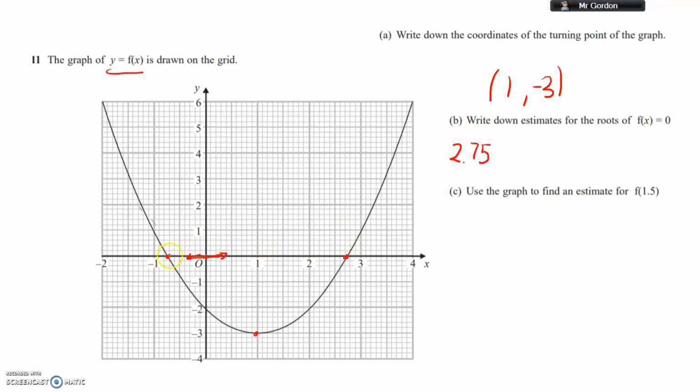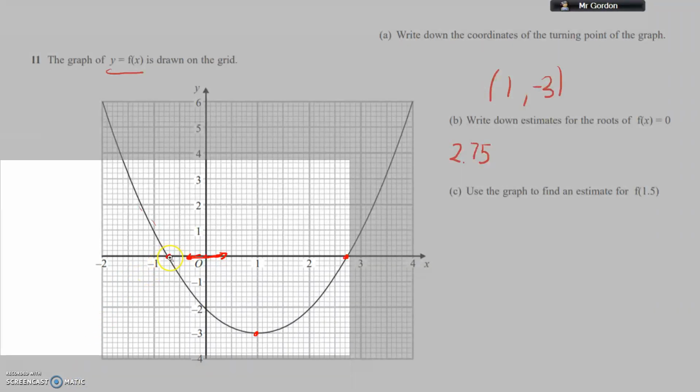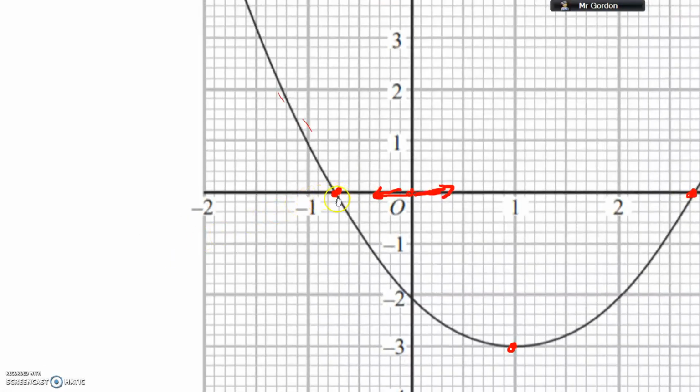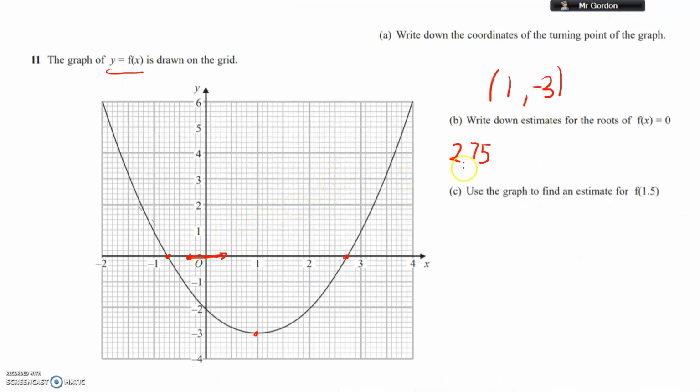And then going the other way, you've got minus 0.5, 0.6, 0.7. So it's between minus 0.7 and minus 0.8. Looking a bit closer, that's minus 0.7 there, and that's minus 0.8. So it's minus 0.75 really.